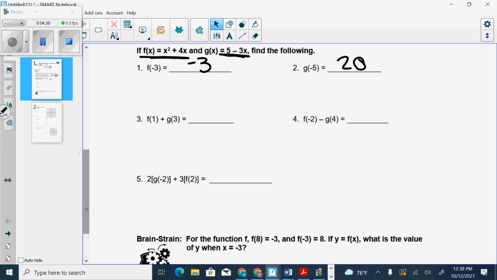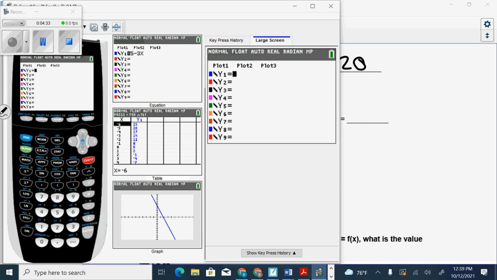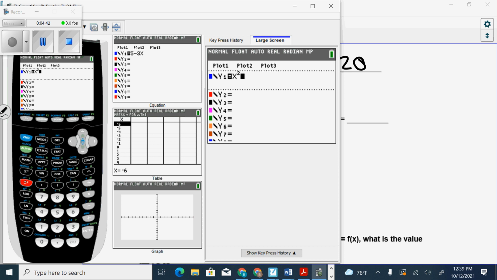Number 3 wants 2 different values. The first one they want is f of 1. So in my graphing calculator, I go back to y equals, clear that out, and put back in our rule for f, which was x squared plus 4x.